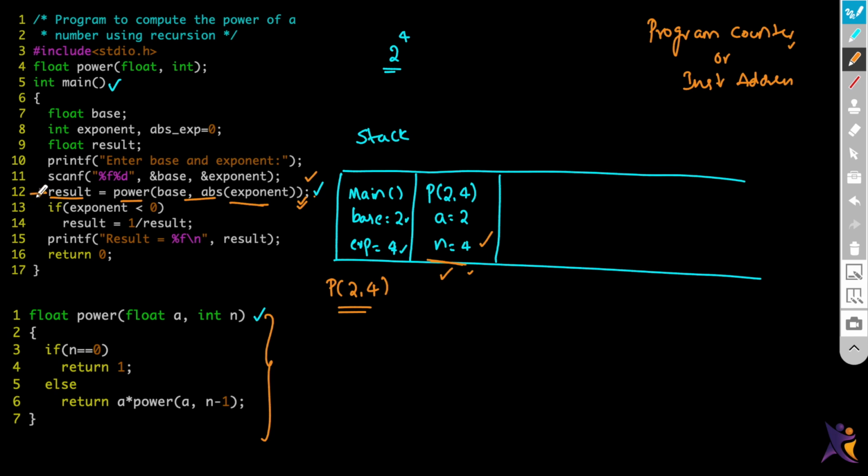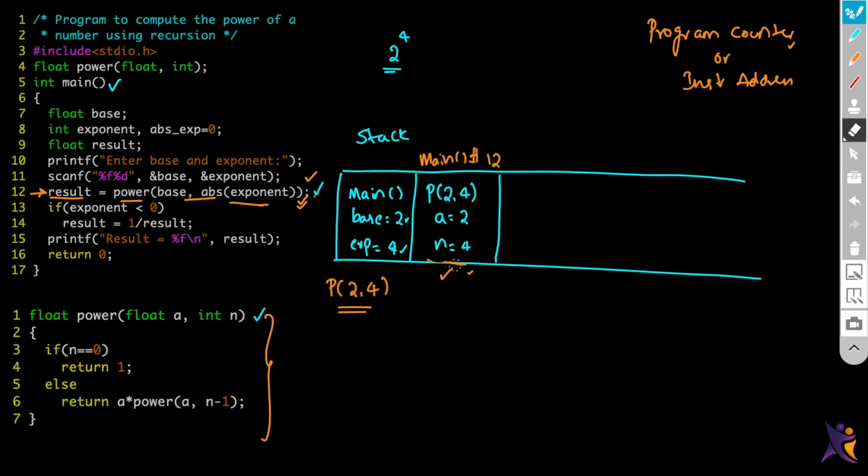This is in line number 12. So I am representing the program counter like this: main, line number 12. This means after executing this function, the control should go back to line number 12 in the main function. That's what this represents.